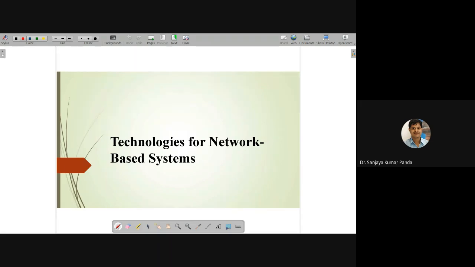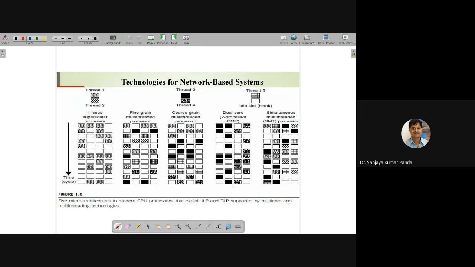So when you go for a network-based system, as you know, this is a completely distributed system. So we have different types of architecture, which we generally call micro architecture. Here you can see there are 5 different micro architectures in today's computer systems.